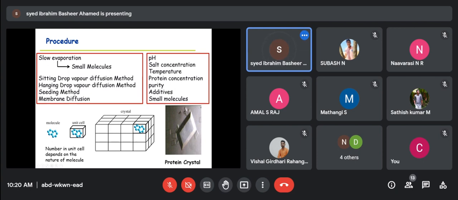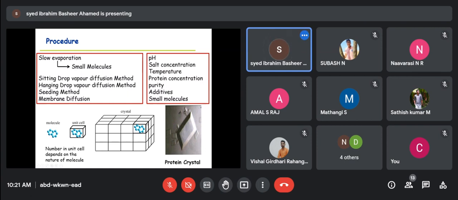Here I have not talked about the seeding method, crystallization achieved by seeding. So what is the seeding method? You are trying to crystallize your protein using a sitting drop or a hanging drop.